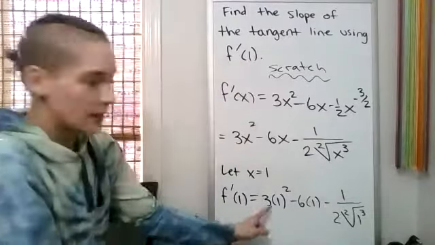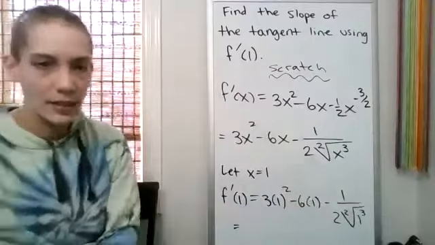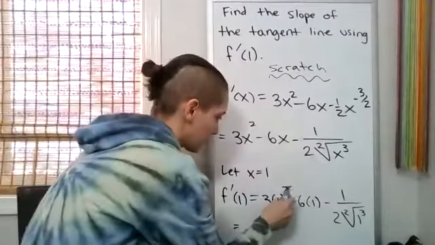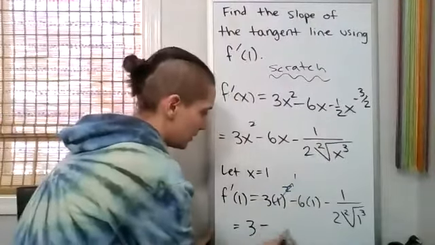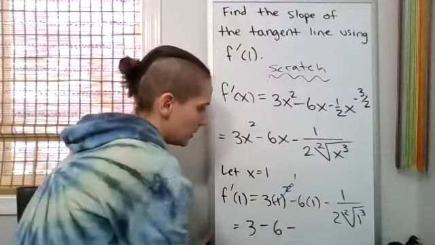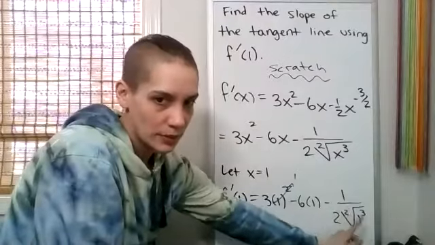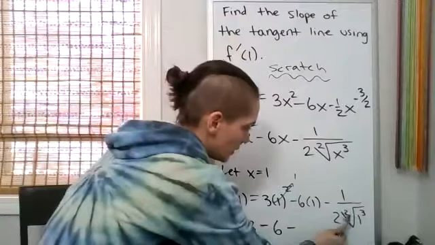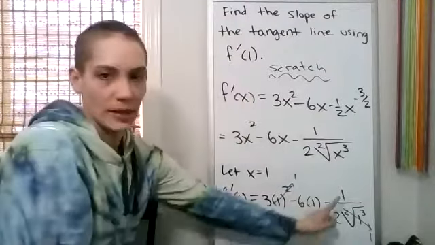Got it. 1 squared is 1, that makes this 3. This is 6. 1 cubed is 1, square root 1 is 1, so this whole piece here is 1. And you subtract 1/2.